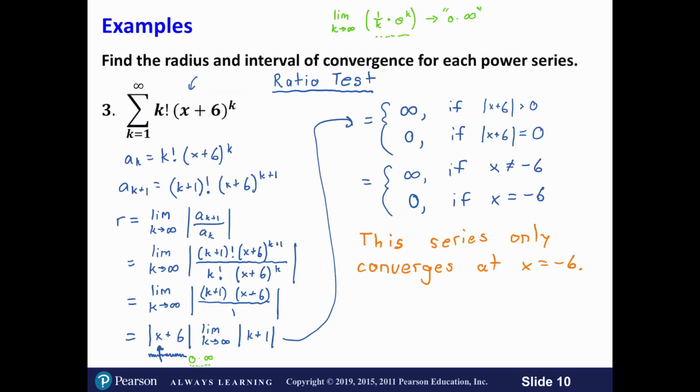So in this case, r is equal to 0, and the interval of convergence is equal to negative 6. And we will expect you guys to write it in these little curly braces. That indicates a set, the set of numbers that includes only negative 6. Alright, so that's an example of the third case.